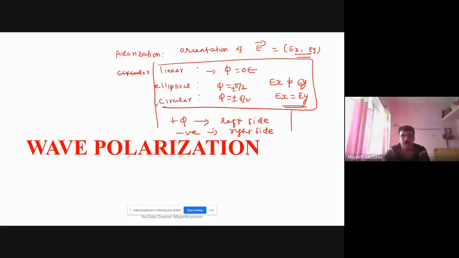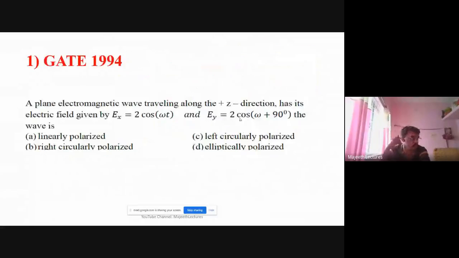Now you see the first question. They have given the Ex value as 2 cos omega t, and the Ey value with plus 90. So the phase is different, not 0, so surely it is not linearly polarized. And check the amplitude. Ex has an amplitude of 2, and Ey has an amplitude of 2.